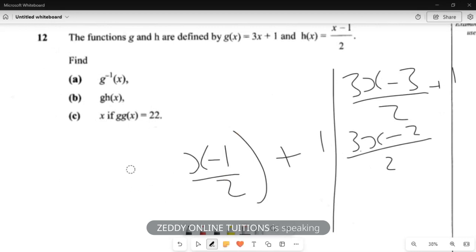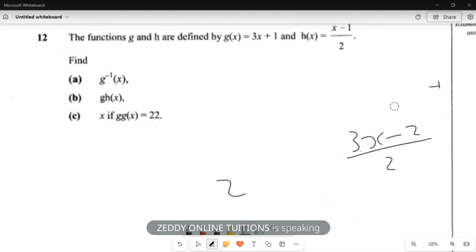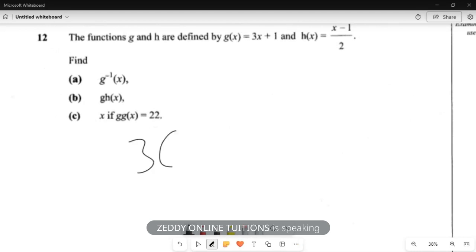This is something you should get right. G, where there's x in g, you put what is in g, like that, plus 1 is equals to 22. Find x. Simple equation, right?